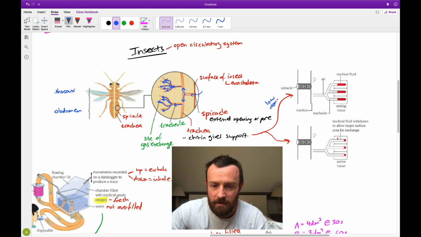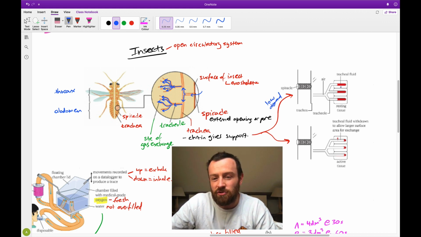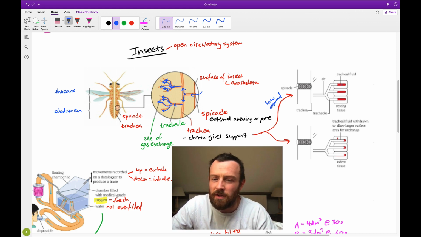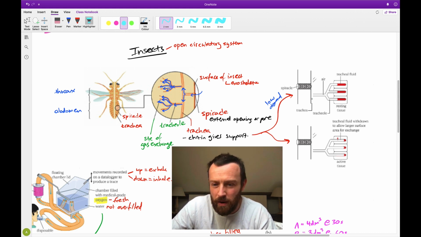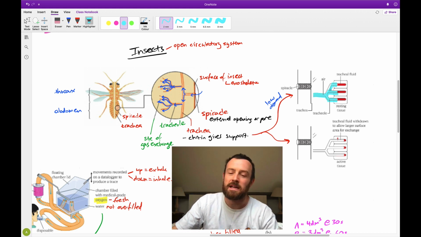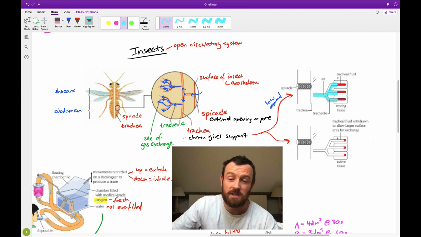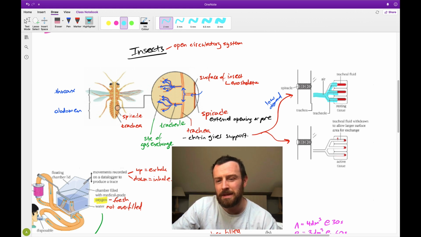If the insect is not flying, then its tracheal fluid leaks into the tracheole, so that the total surface area for gas exchange, which I highlight in blue here, is this much. That would have some benefits because the insect would probably be losing less water out of the spiracles by having a slightly reduced surface area.